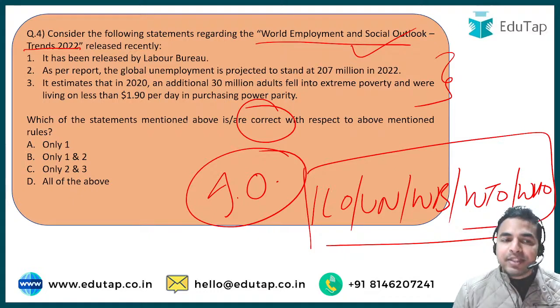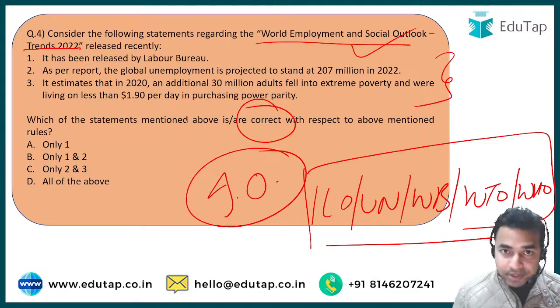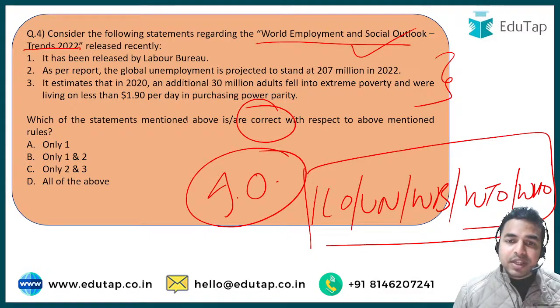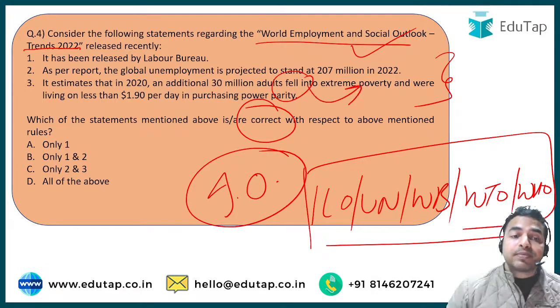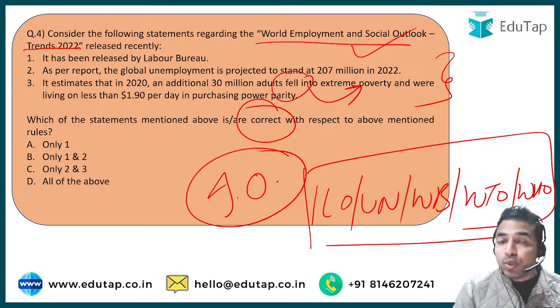The second statement says that as per the report, what exactly was the global unemployment? It is talking about some statistics here. The third statement is about the number of adults who fell into extreme poverty and were living on less than $1.9 per day in purchasing power parity.